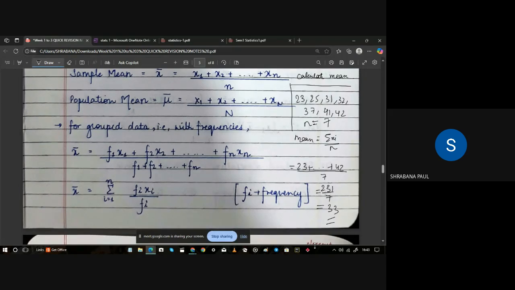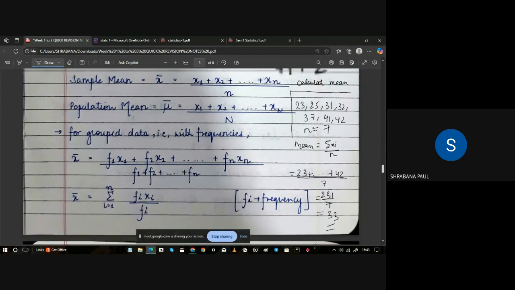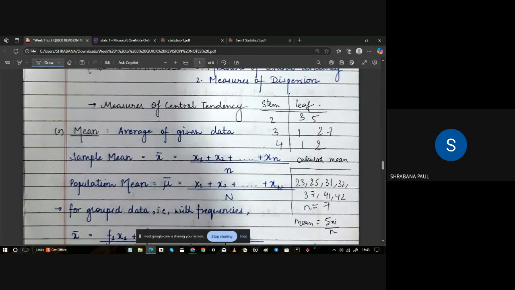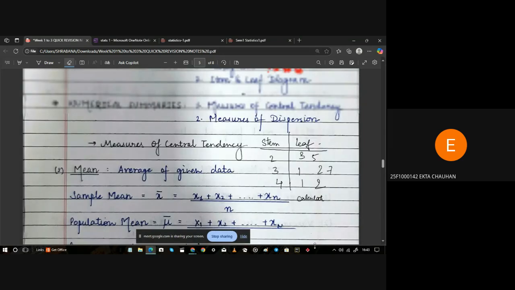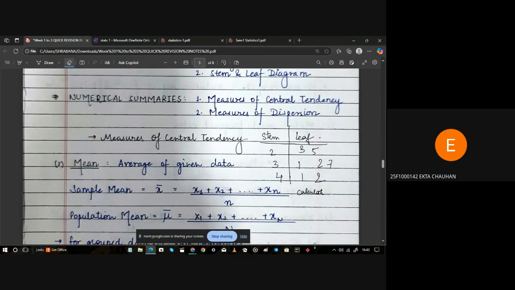Now if I ask you what is the median, you have calculated the mean, now calculate the median and tell the answer fast. 32.